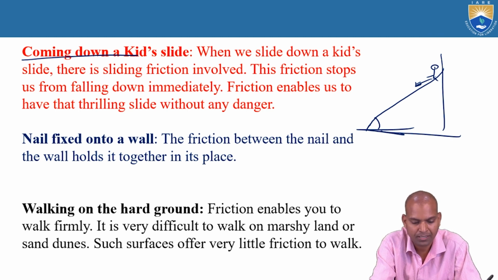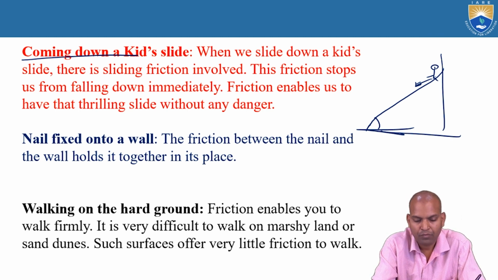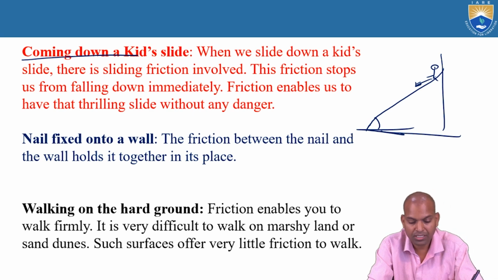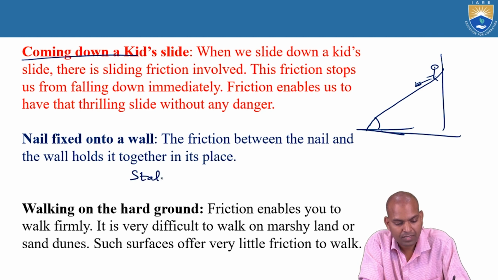Yeah, angle of friction. Now, one more outdoor setting, as I showed before, a nail fixed onto a wall. The friction between the nail and the wall holds it together in its place. What type of friction? Again, static friction.